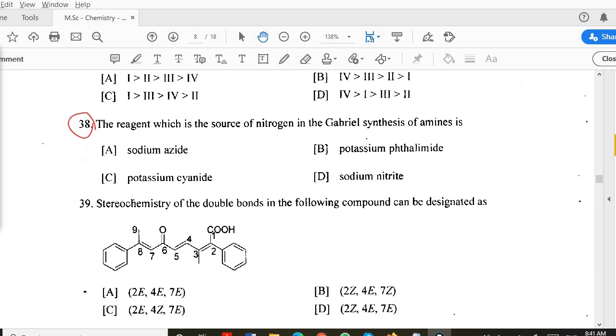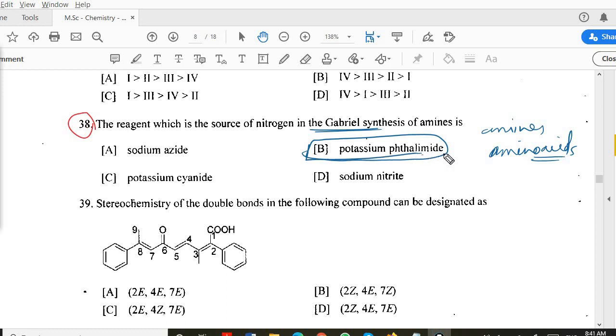The reagent which is used for the Gabriel synthesis. Gabriel synthesis is used for the formation of amines and amino acids, using potassium phthalimide.